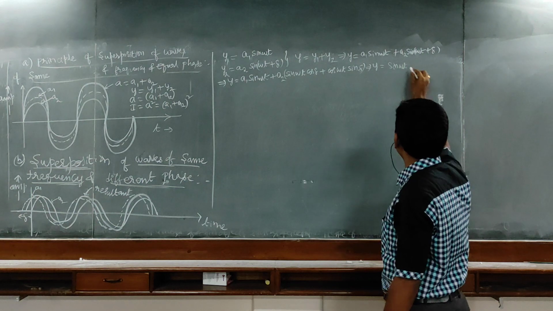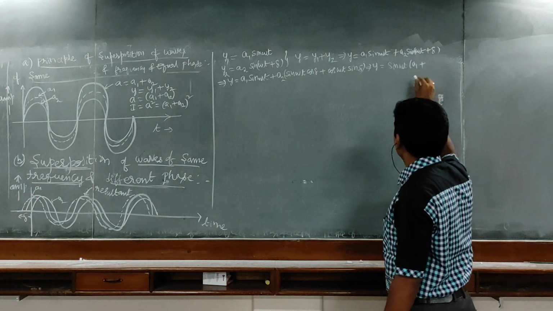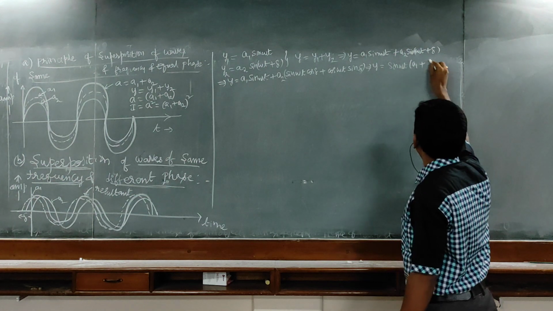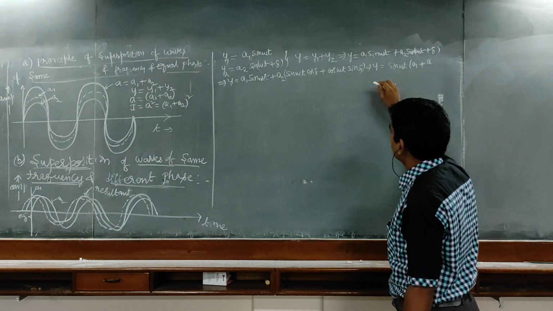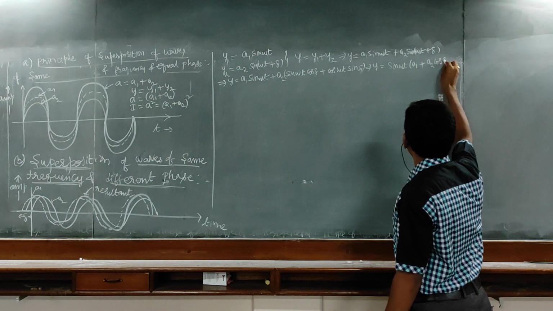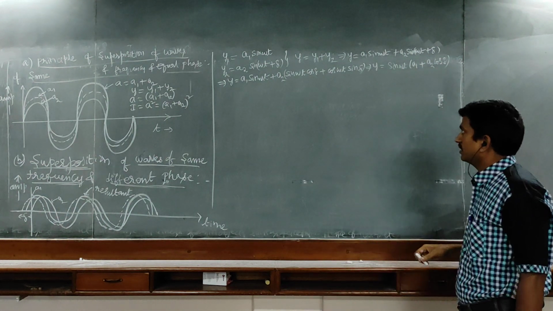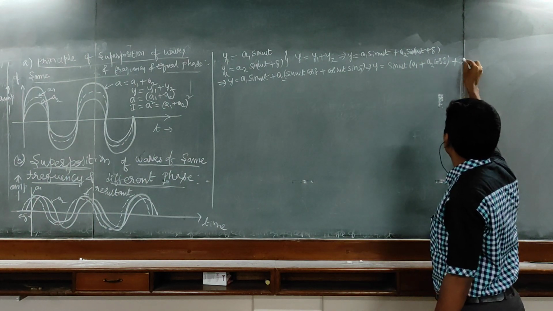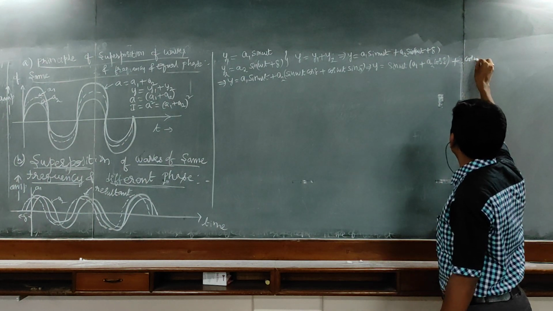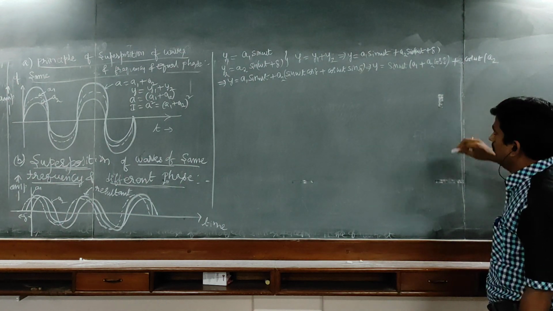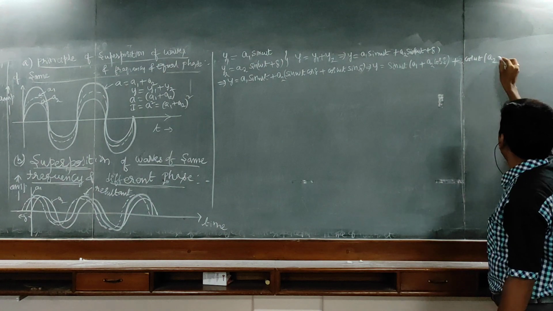Then what happens? a1 plus a2, sorry, a1 plus a2 cos delta. In a similar manner, we have cos omega t as a common term. Then we have a2 sin delta.